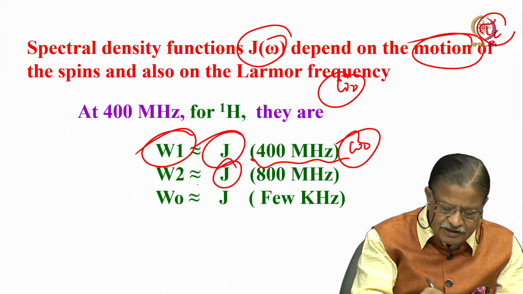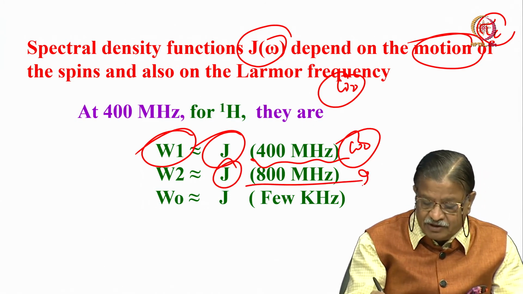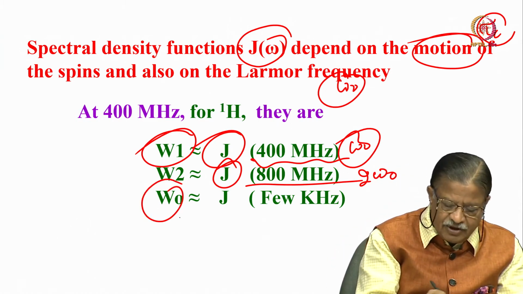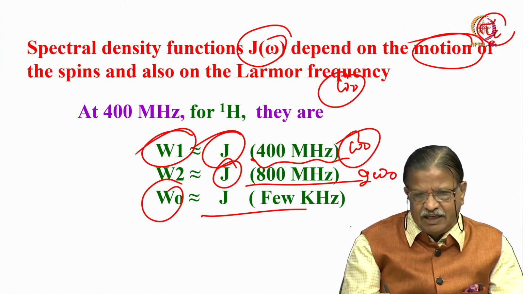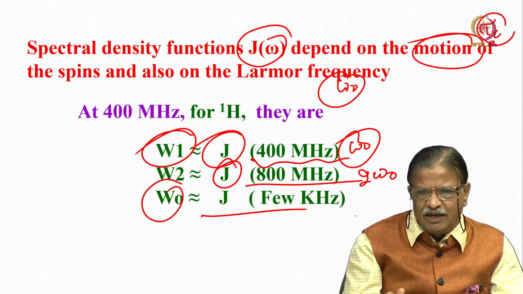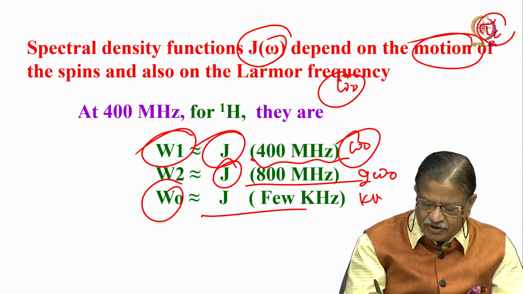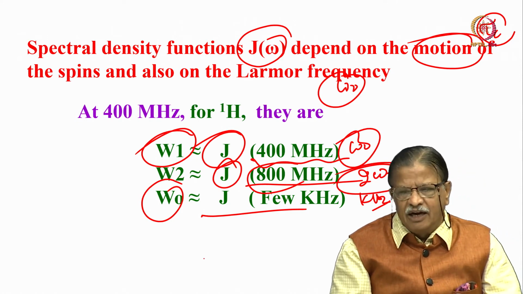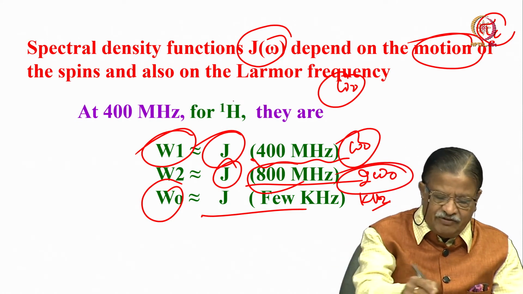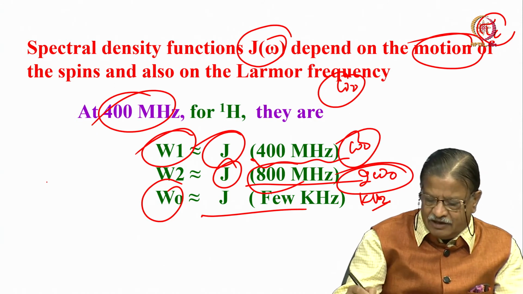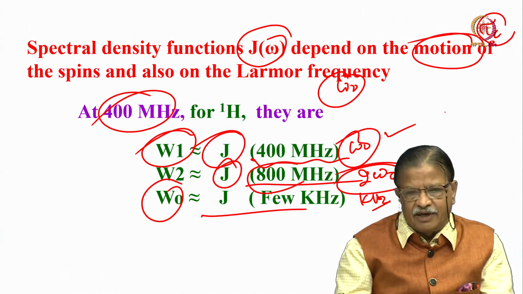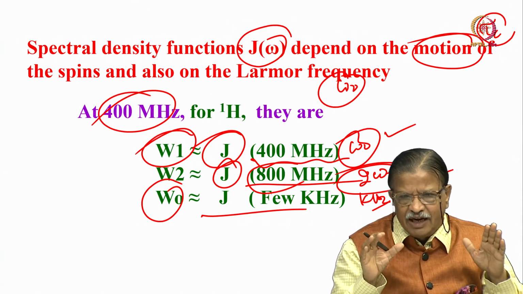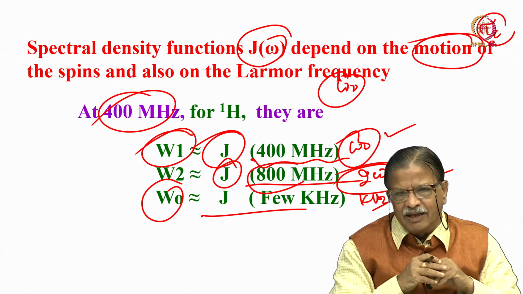For W2, J omega is at double the Larmor frequency, 2 omega 0. Whereas W0 is the difference in the chemical shift, a very small difference, of the order of a few kilohertz. This is megahertz, since it is 2 omega, twice the Larmor frequency. If you are working at 400 megahertz, this is 800 and this is 400. You understood how the spectral density function depends upon the Larmor frequency.